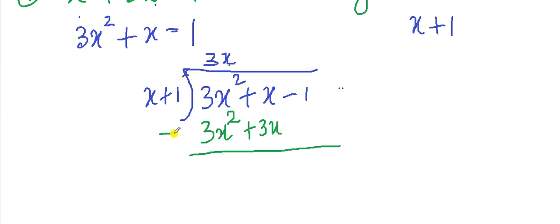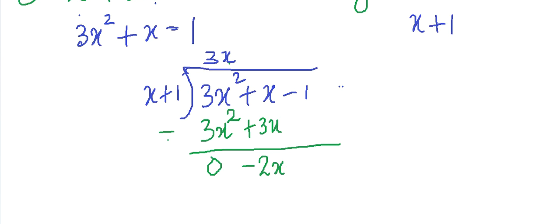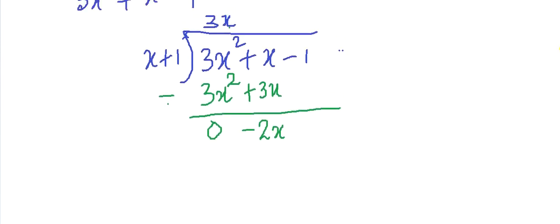So 3x square minus 3x square gives me 0. So the term is removed, and x minus 3x gives me minus 2x. Now we bring the next term down, which is negative 1.